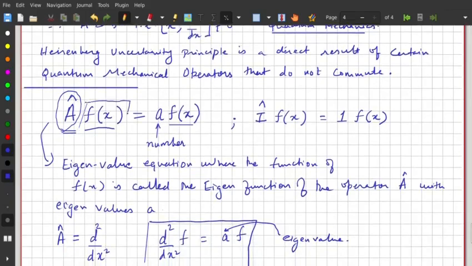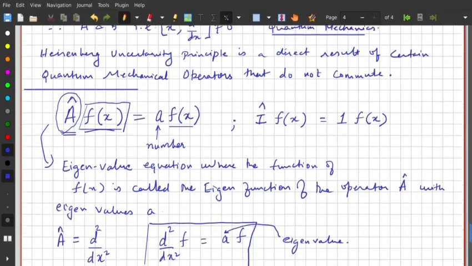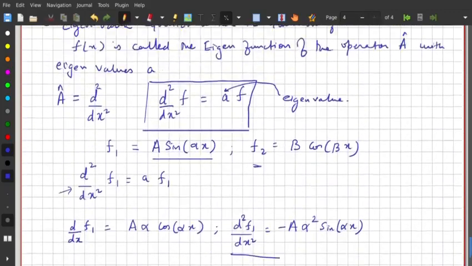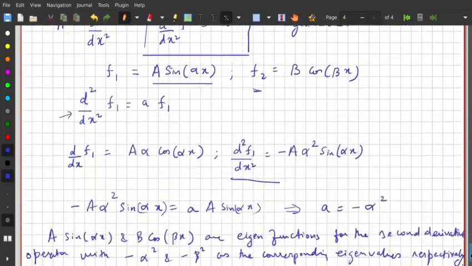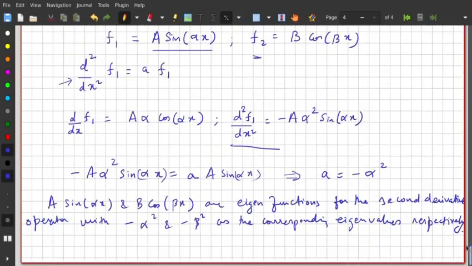Only some special functions for a special operator will have this property. It will not be true for all functions. So for a given operator, the eigenfunctions are very special, and we'll see later that the eigenfunctions act as an appropriate basis for function decomposition in general. That's the generic idea of the eigenvalue equation.